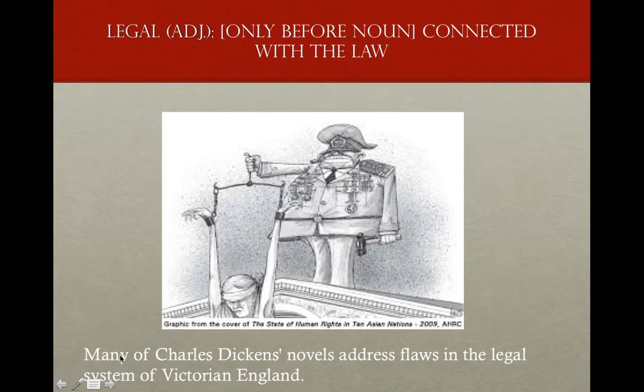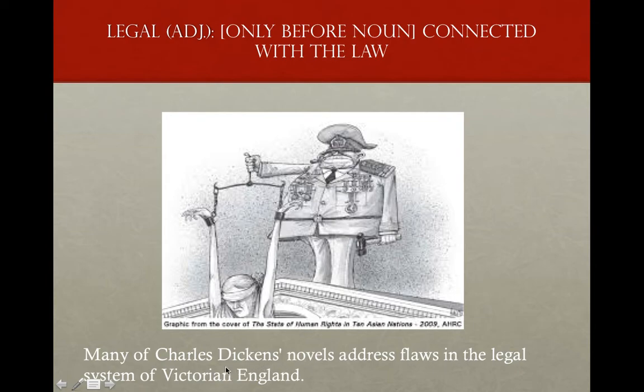Let's look at an example. Many of Charles Dickens' novels address flaws in the legal system of Victorian England. Charles Dickens was a writer back in the days, and in his novels he talked about flaws, mistakes, or how poorly the government was doing.